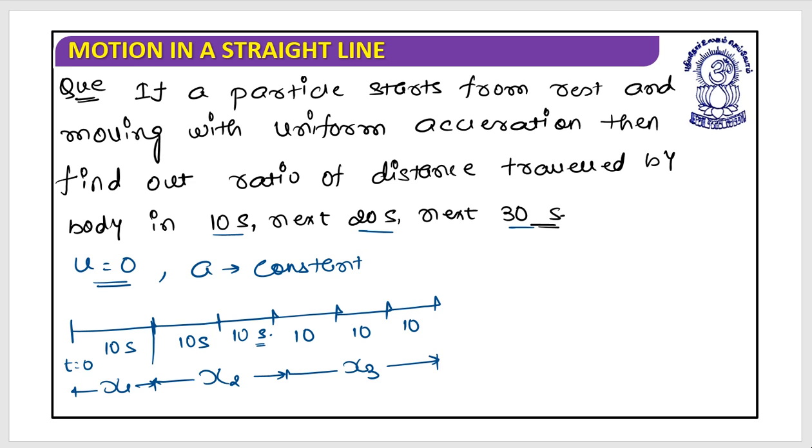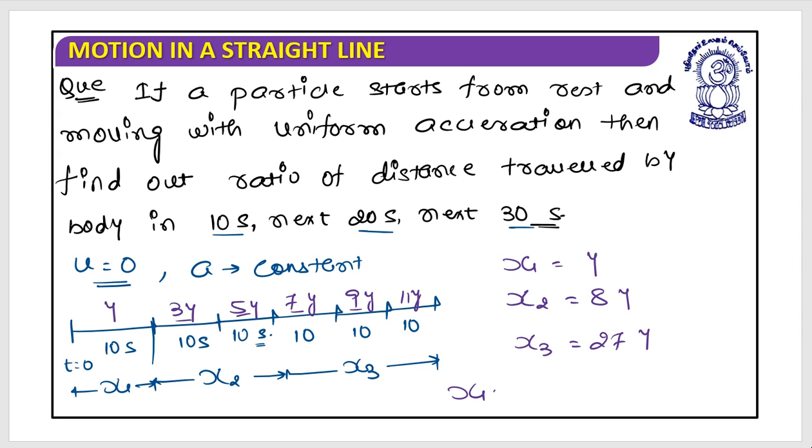So what I can have is, let's say this is y, then this is 3y, this should be 5y, this should be 7y, this should be 9y, this should be 11y. So my x1 is y, my x2 is 3y plus 5y, it's 8y, and my x3 is 7 plus 9, 16, 16 plus 11, this is 27y. So x1 is to x2 is to x3 is equal to 1 is to 8 is to 27.